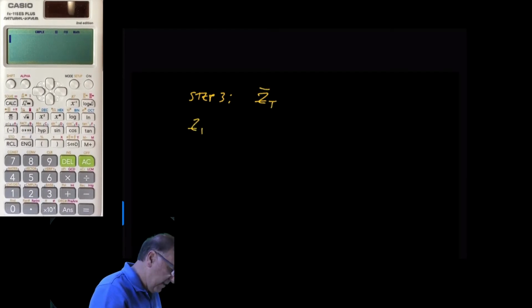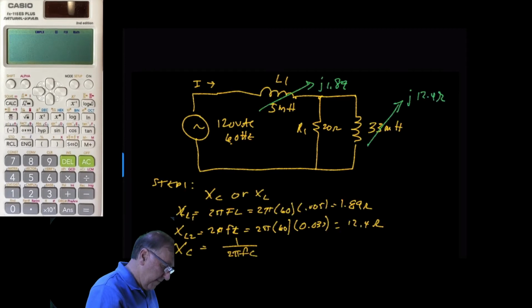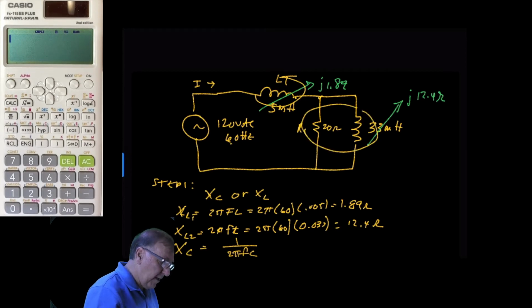So Z total equals j1.89, which is the impedance of the first inductor, because we're basically writing a, let's go back to this. We're going to say that this inductor is in series with the parallel combination of this resistor and this inductor.